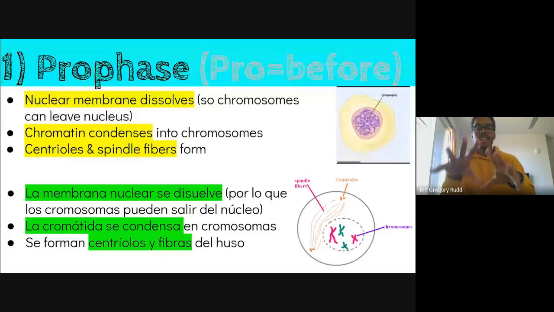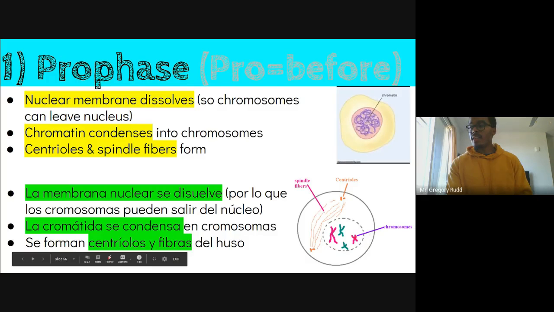So in order to have access to those chromosomes, we first have to get rid of the nuclear membrane. We've got to expose the chromosomes on the inside. So the nuclear membrane dissolves. This will often be represented in pictures with a dashed line, as you can see in the bottom right. You can see that the nuclear membrane here is starting to dissolve.